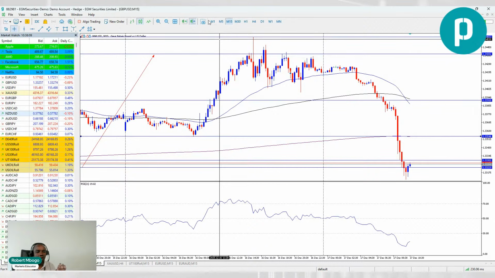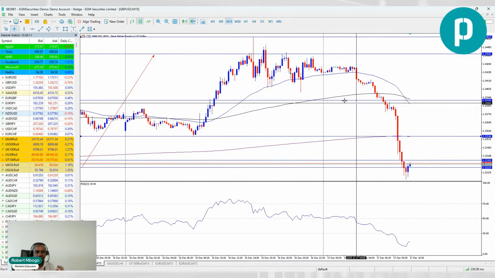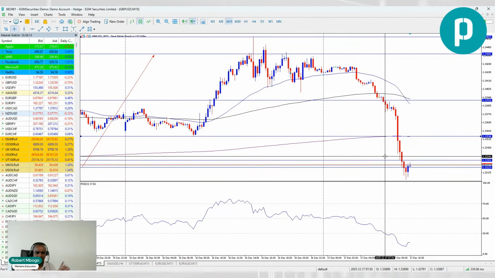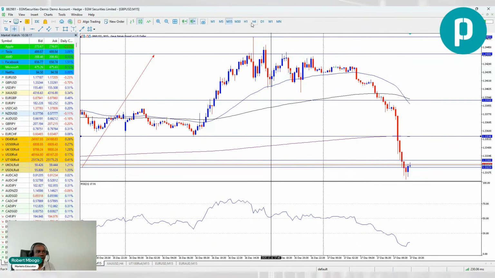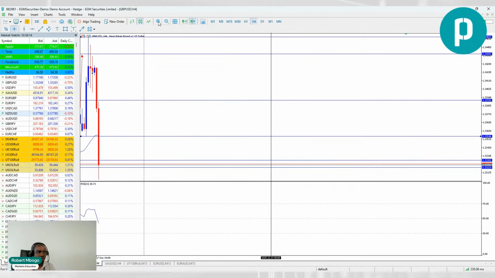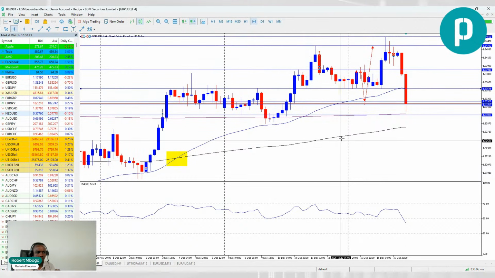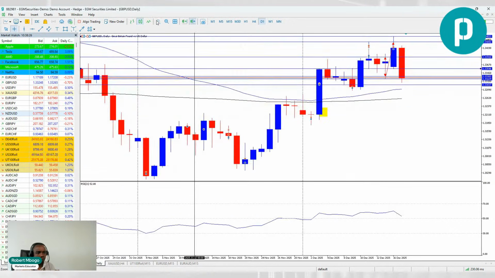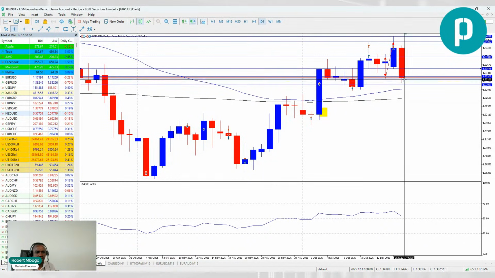Our work as traders: we had already mapped out possible areas where there are buyers. As you can see from the lines, these are areas we had mapped out, and they were mainly based on higher time frames. If we go to the daily chart, you can see this order block has been tested, and that's why you can see some bullish move playing out.